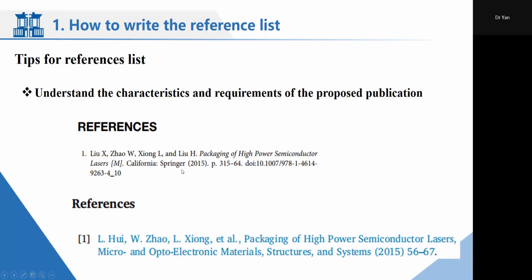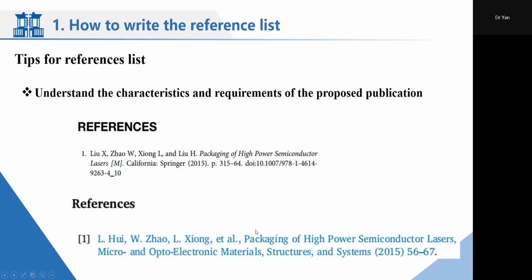This is the Springer editor. And for this here are the pages. As you can see, the pages are at the end of the reference. Also, this one has the DOI at the end of it, but this one is not showing the DOI.